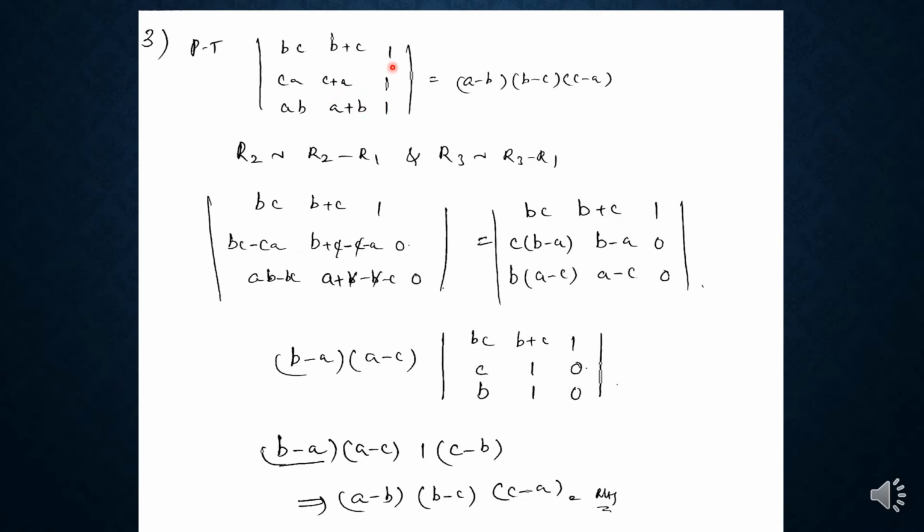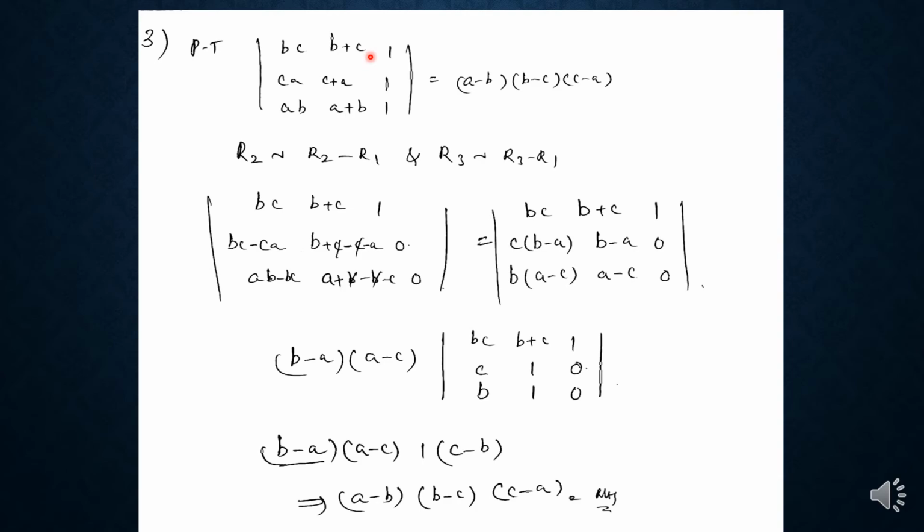So here, keep this one as it is, then make the two ones in the second row and the third row zeros by using row operations. So we want to change R2 and R3.